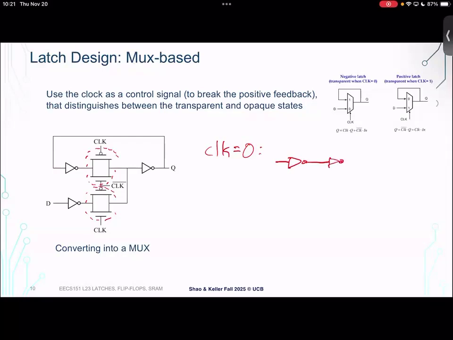Got the other inverter. They're in feedback. And then we have this other path, but this transmission gate is off. So that switch is open. And here's D and here's Q. So when clock is 0, let's think through the functionality, right? D is ignored. And this cross-coupled inverter is remembering whatever value it had previously and outputting it as Q.